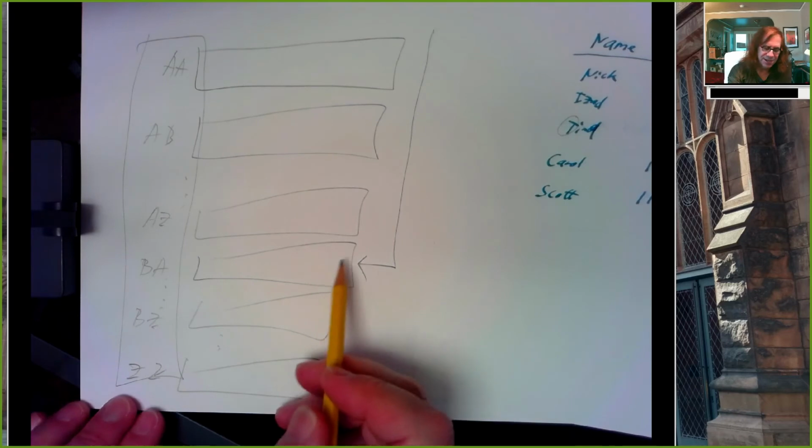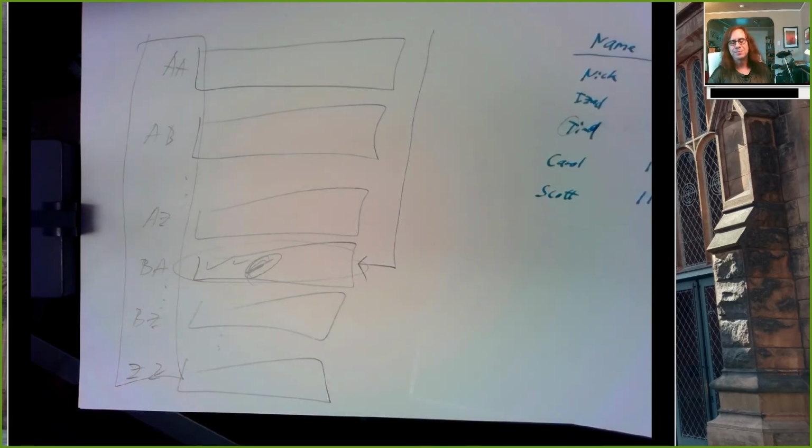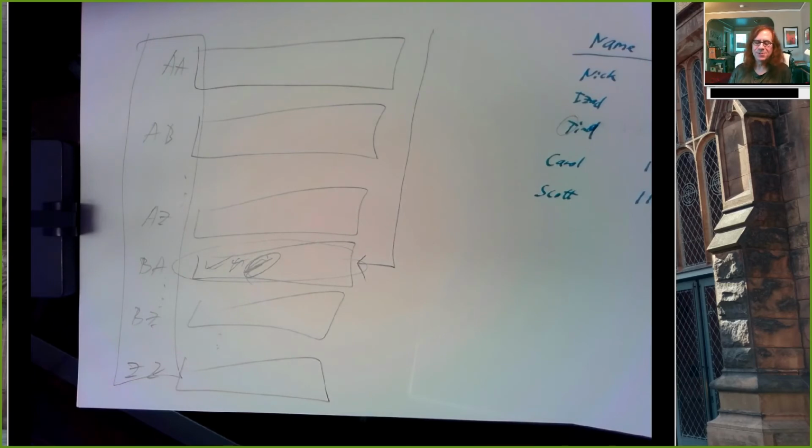And then I search that array, and there's the name. Or I search that array and it's only got 3 entries in it, and I don't find the name. Hey, the name's not in our database.